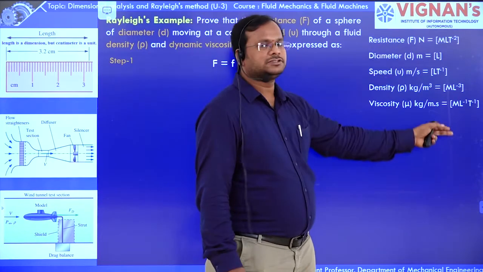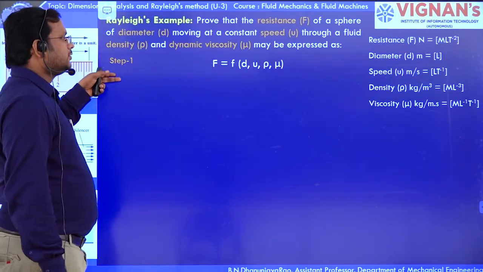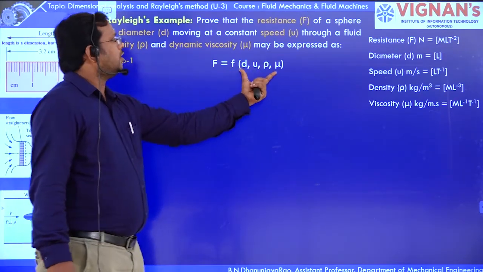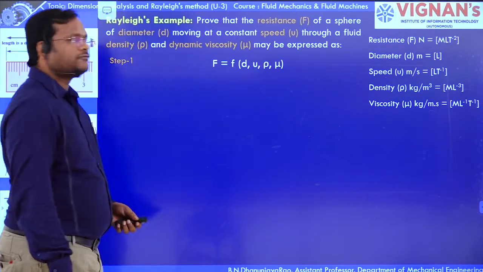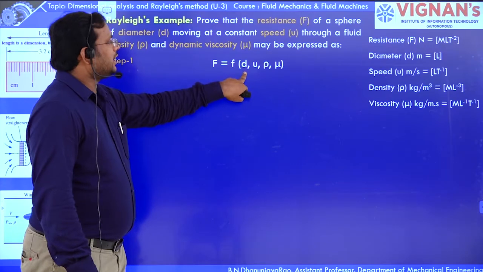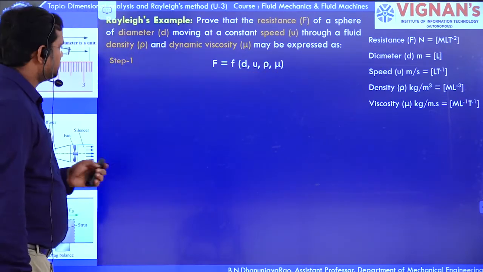These are the dimensions of the variables. So we establish a functional relationship between all the variables: F is a function of diameter, velocity, density and dynamic viscosity.